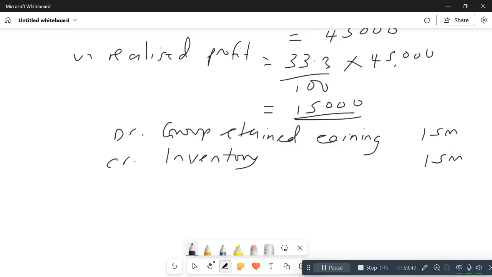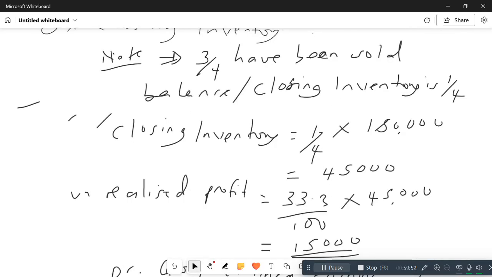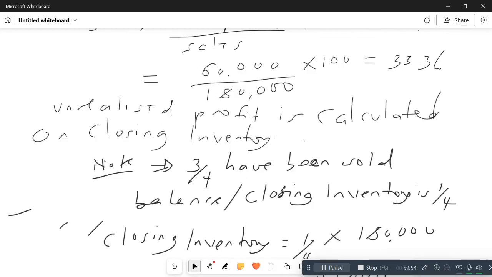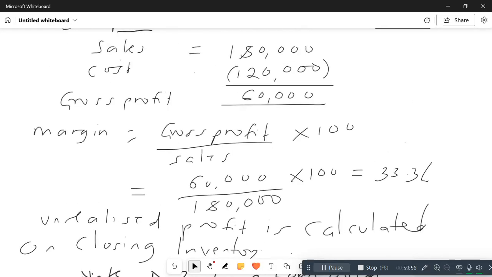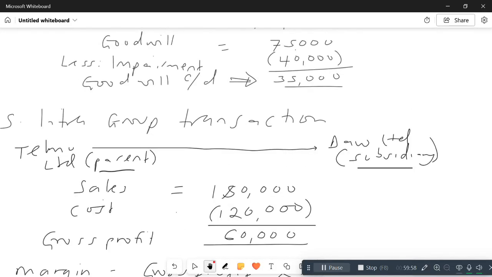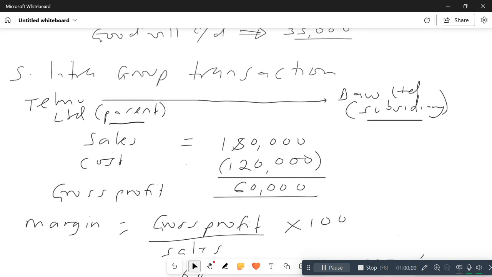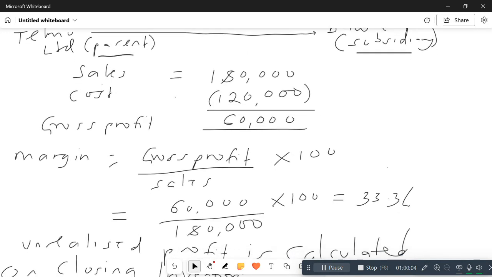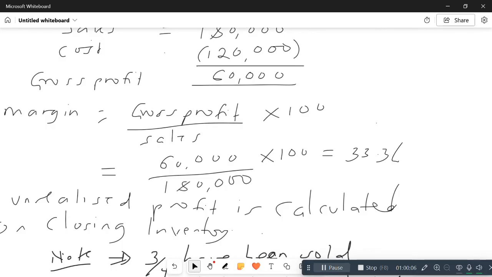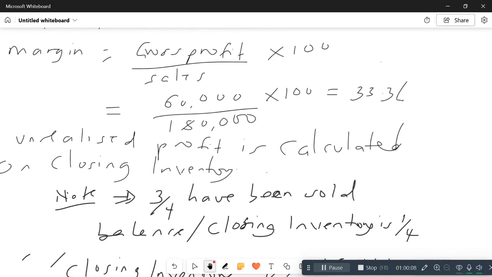Hope it's very clear for intra-group transaction. Start by identifying who sold the goods to who. If the members are within the group, please determine the gross profit, if any. After that, identify if there is any closing stock at the end of the reporting period. Calculate unrealized profit on it.